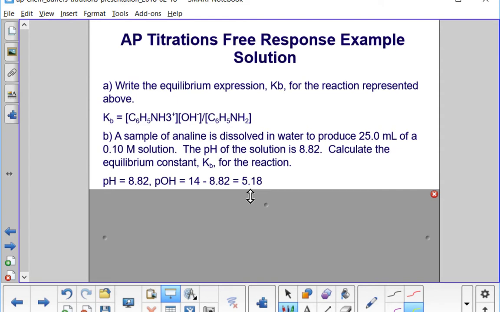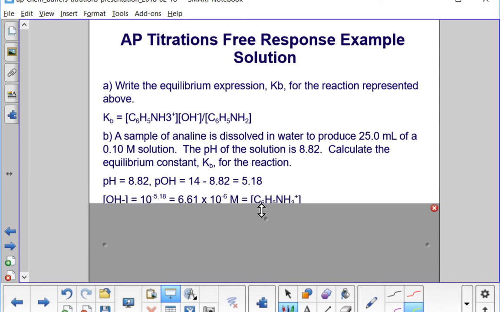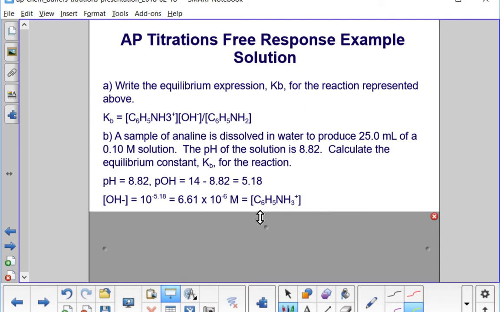We want to do that because our Kb expression includes hydroxide ion. Given the pOH, we can find the concentration of hydroxide ion. 10 to the minus pOH gives a concentration of 6.61 times 10 to the minus 6.